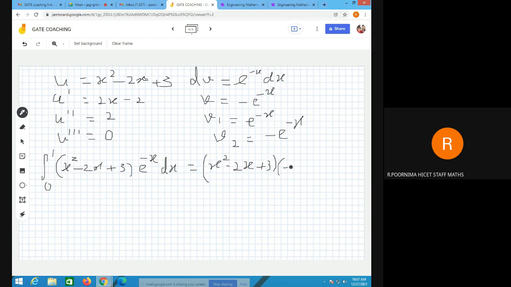Then minus u dash v1: u dash is 2x minus 2, and v1 is e power minus x.